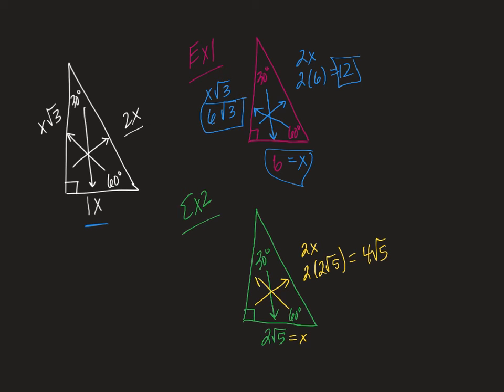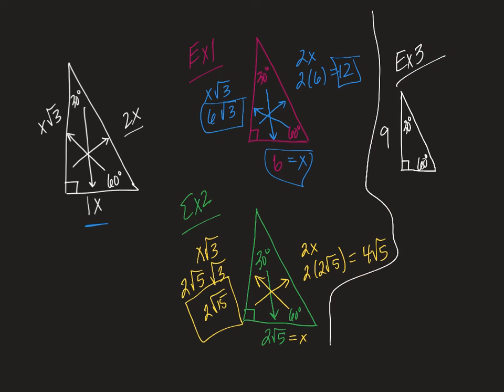And then the side across from 60 is x radical 3. So I'm going to plug in 2 radical 5 for my x, and then multiply by radical 3. Remember, we multiply radicands together, so it's just 2 radical 15. Now, of course, I can make it a little bit harder, and I can make that radical 3 side a whole number. So let's look at one problem just like that.